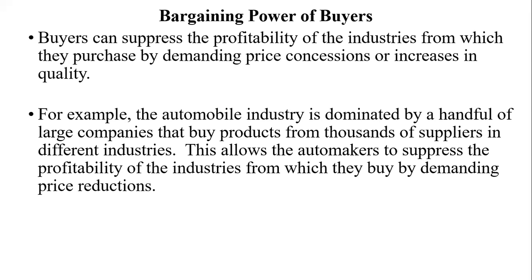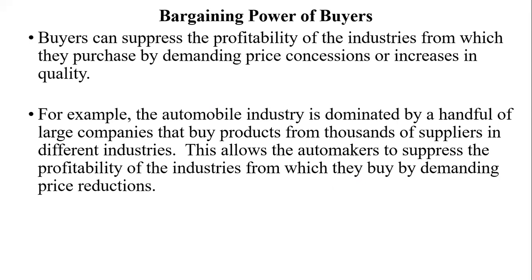In other words, buyers have two main avenues that they can use to suppress the profitability of a particular industry. They can do this by asking for the price of goods and services to be reduced. Alternatively, they can also do this by asking for the quality of the products that are being sold in the market to be increased.